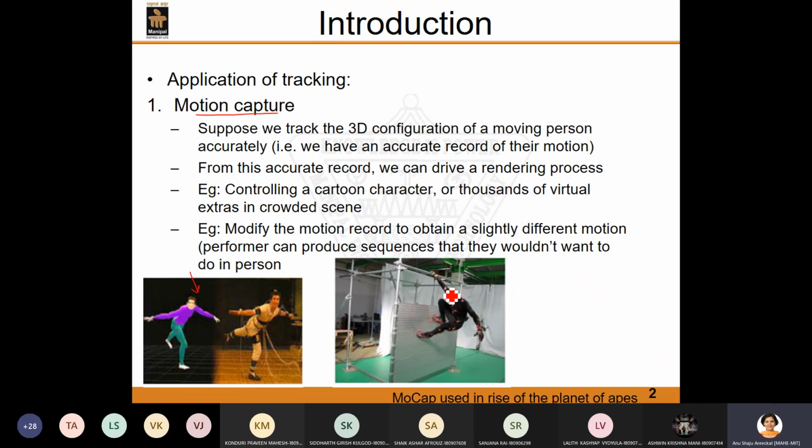is that there would be a performer who would do the particular actions, for example some stunt actions. That movement would be captured with the help of sensors which are attached throughout his body, and using these sensors the movement is captured, and then it is rendered, or reproduced, on the animated character.